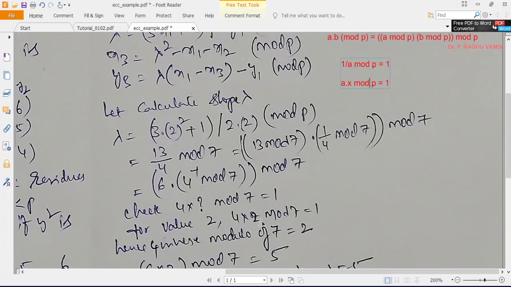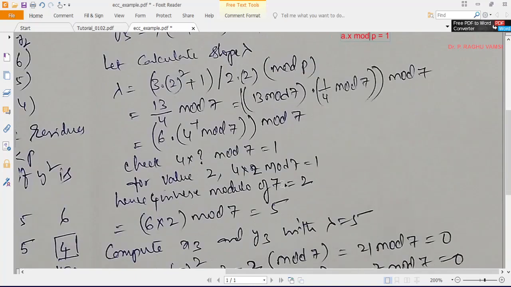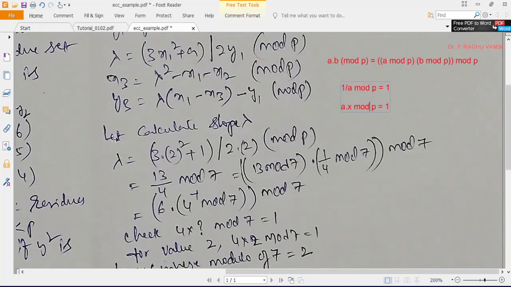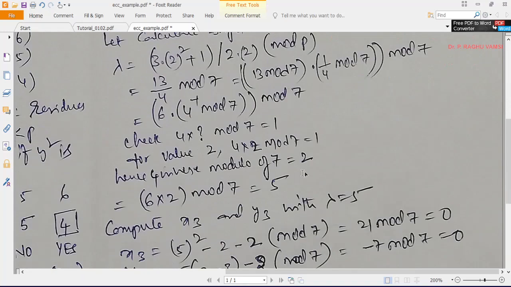So 4 into 2 mod 7 is equal to 1. That is the reason 4 inverse modulo 7 is equal to 2. Now we substitute 2 here. So 6 into 2 is 12. 12 mod 7 is 5. So the lambda value will become 5.